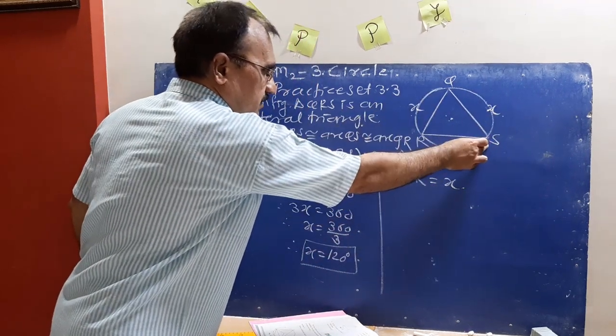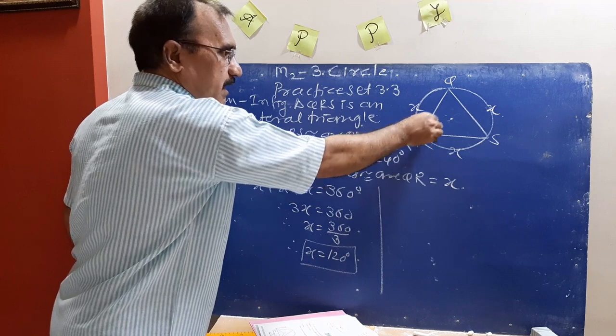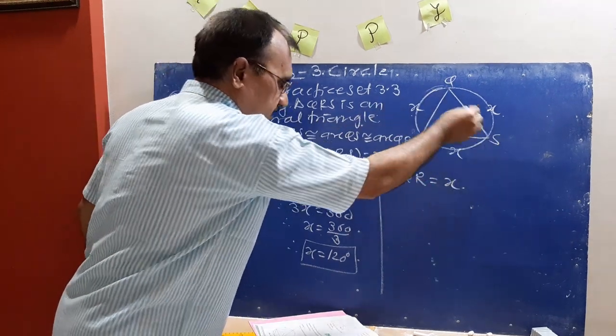But here we have to prove arc QRS. In arc QRS, this one is x and this one is x also. In this arc, R is the common point, and therefore arc QR plus arc RS.